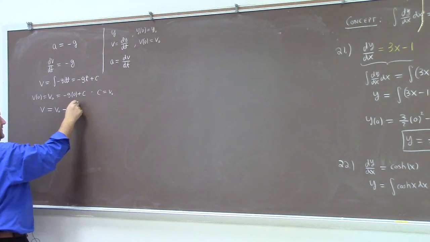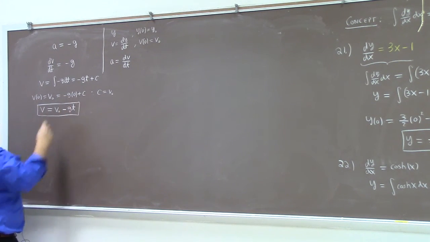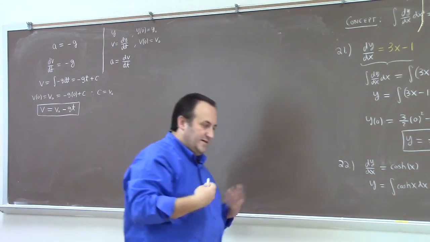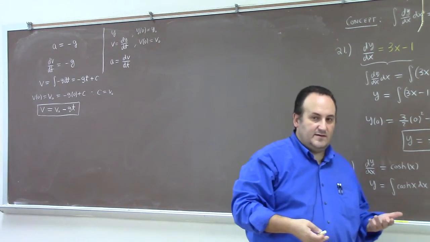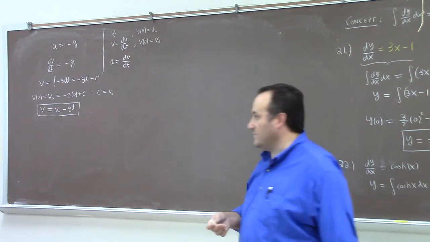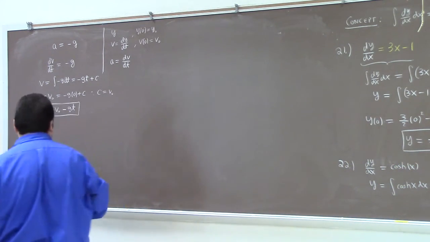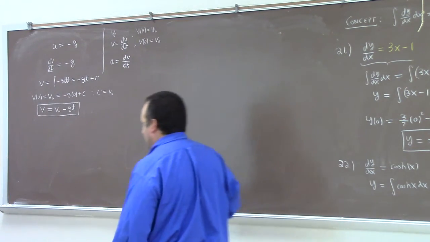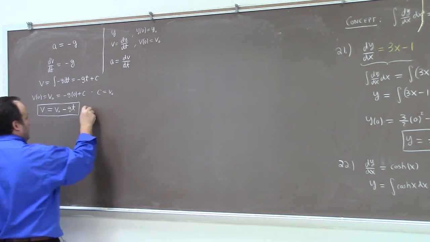This is, of course, one of our beloved kinematic formulas in physics. For a constant acceleration problem under gravity, you have the initial velocity minus gravity times time. That's the velocity in the y direction. But that is also equal to dy dt.